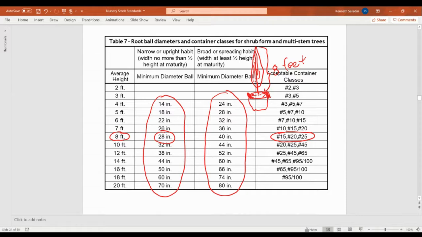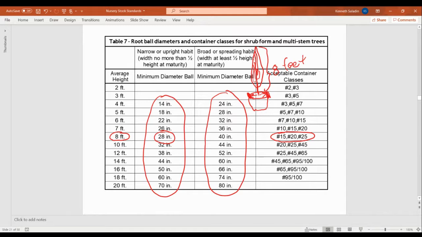So why do we care about these minimum ball diameters? When we dig a tree balled and burlap out of the field, we want to make sure that we're capturing enough of the root system so that the tree will survive in the landscape after it's transplanted.